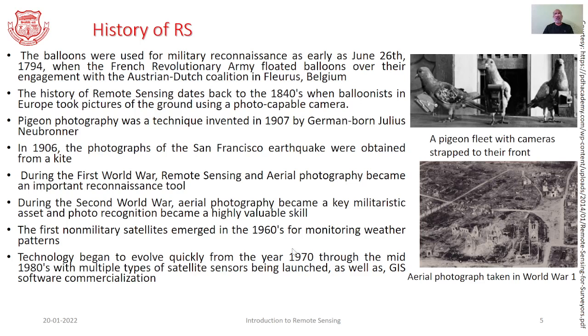From 1970 onwards, the technology began to evolve very quickly through the mid-1980s, with multiple types of satellite sensors being launched as well as the commercialization of software like geographical information systems. Today, a lot of countries have their own satellites orbiting around the Earth for a variety of purposes and sending information continuously. As we move ahead through the presentations, we will learn more about it.